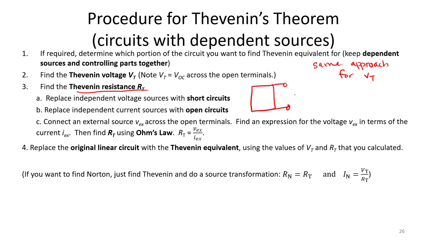Remember that you have to attach an external source, VEX, with current IEX to your circuit. And then your goal is to find an expression for VEX over IEX in order to find our Thevenin resistance. So if you'd like more practice on this procedure, please do take a look at our previous videos. We also have an additional example that we'll do a little bit later.